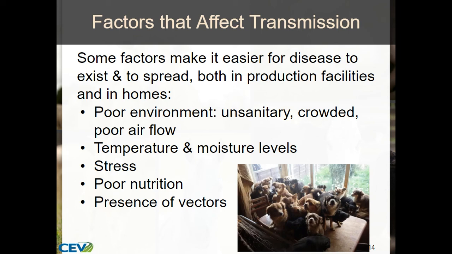The last one then is presence of vectors. Okay, especially if you're talking about a vector-borne illness, it's more likely for them to get it if there's more vectors there. Okay, most animals don't get sick from things like heartworm or West Nile virus, my two examples earlier, during the winter.